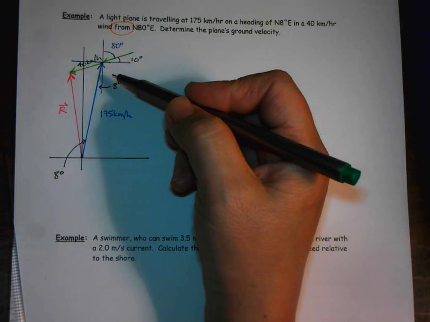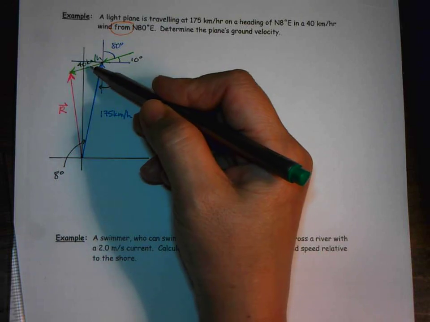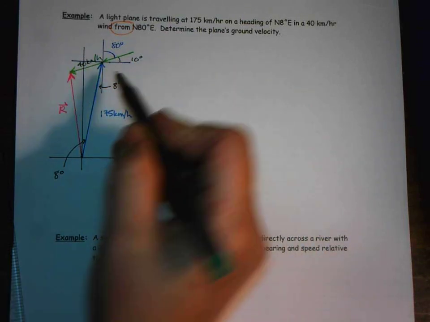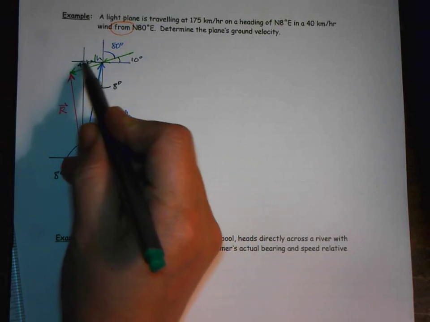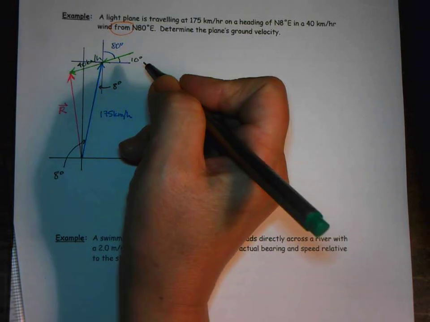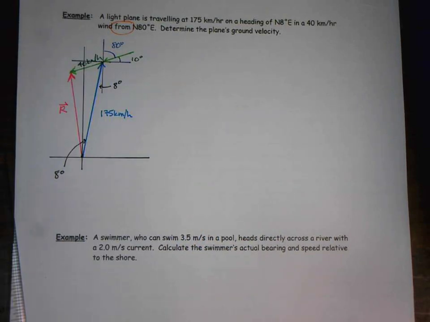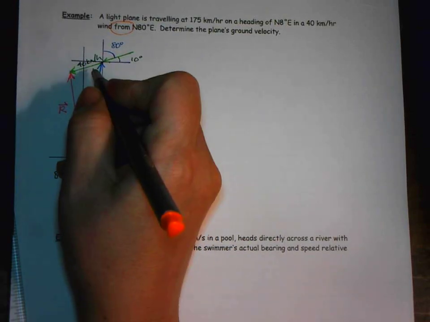So same as the question before, you could take 90 degrees, subtract this angle in here, which is going to be 10 degrees because you have your opposite angles here. So this angle here, see how I'm going to label this.